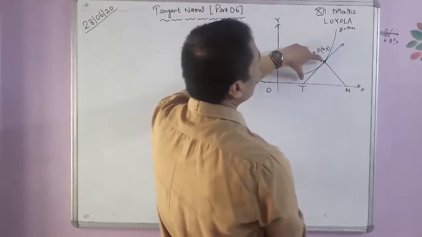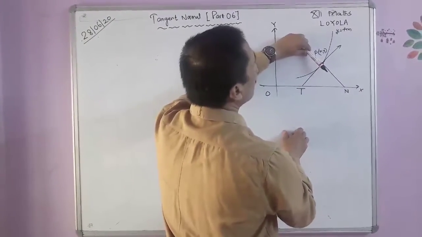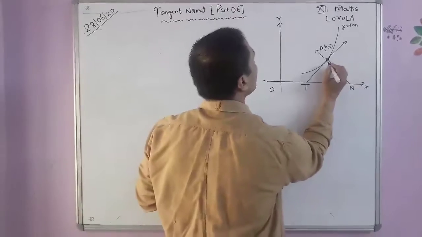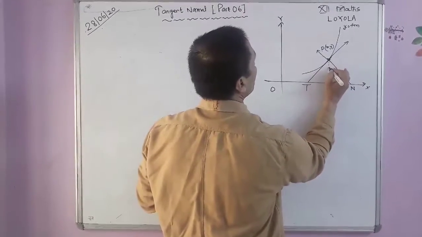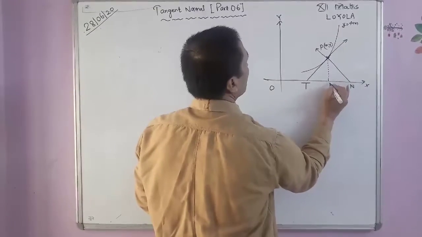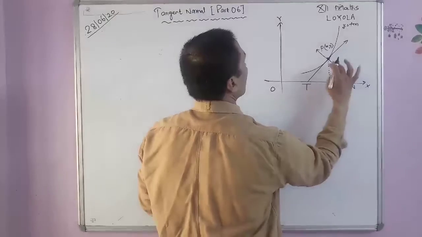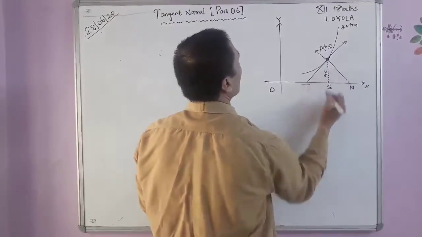This is the tangent PT and this is PN, the normal at the point P(x, y). We draw a perpendicular from point P on the axis of x, that is PS. This length PS is here y.